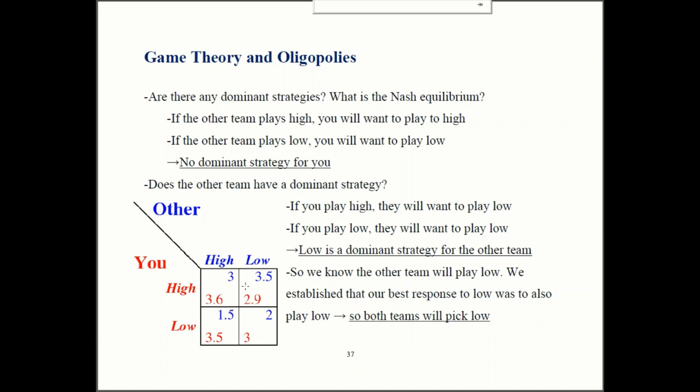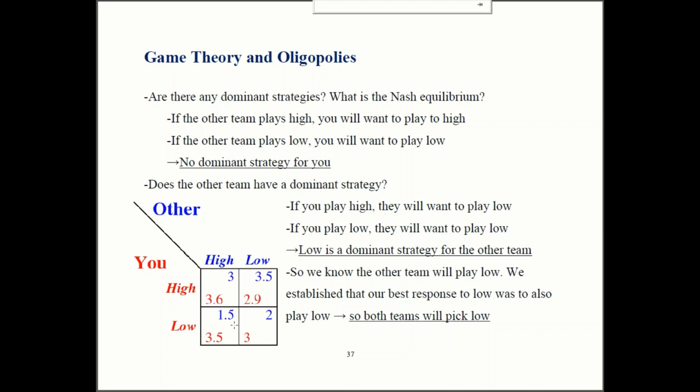The other possibility, what if they believe you're going to play low? If you play low, we're going to be down here. So if they play high, we're going to be in this cell. This cell corresponds to they play high, you play low. In that case, their profits in blue are 1.5 million.